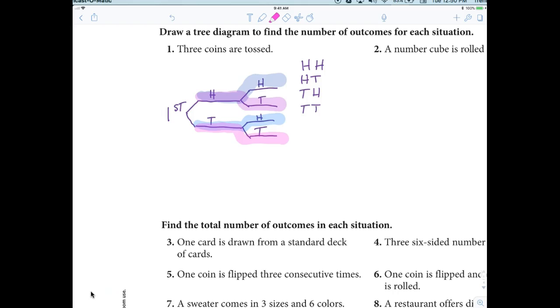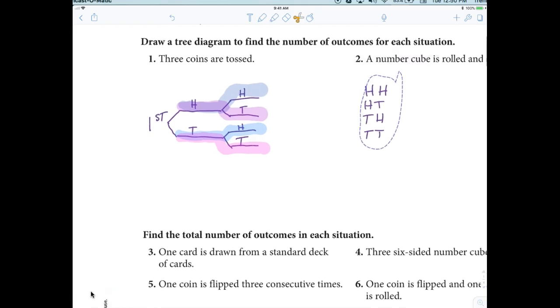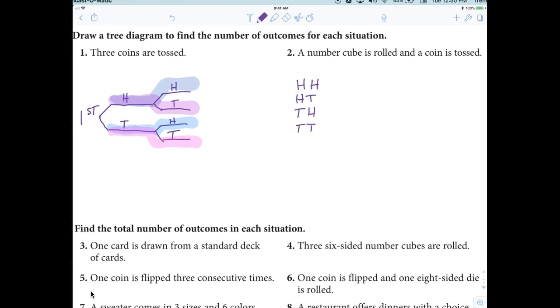So now I'm going to flip another coin. Now when I flip the third coin, what are my possibilities for my third coin? It's either heads or tails. So now here, heads or tails.